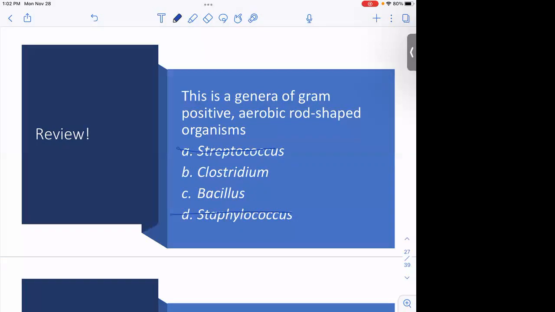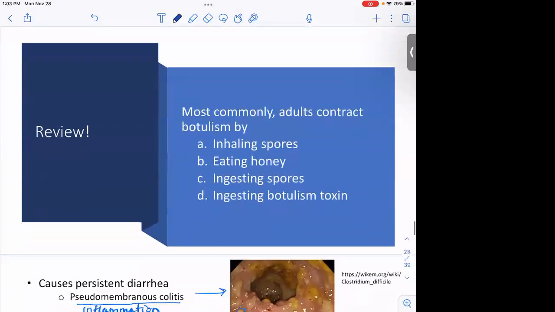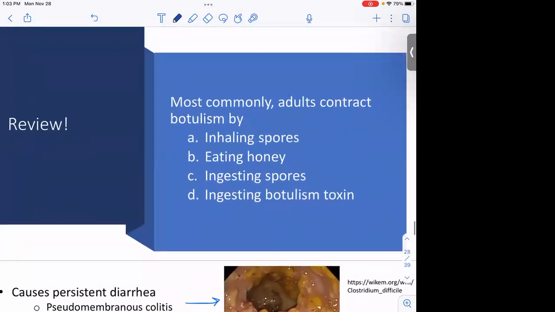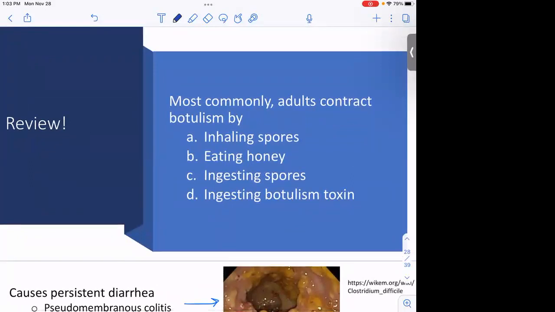Clostridium are mostly anaerobes, so that leaves the bacillus. Okay, so not a lot of pathogens. The one we talked about was the anthrax there, and the Clostridium was the botulism and the tetanus, and the C. diff, which we're going to finish today. Okay, one more, specifically about botulism.